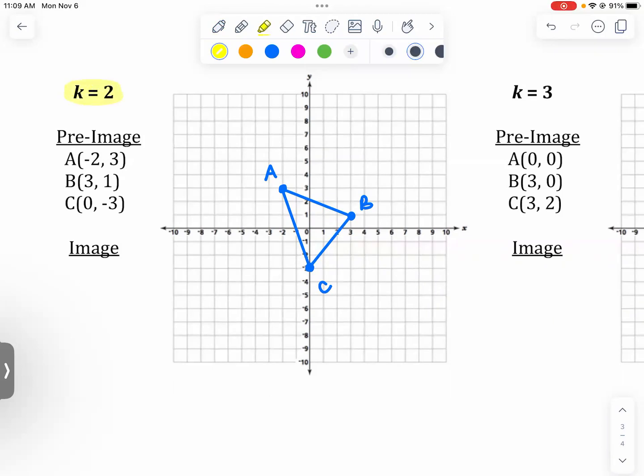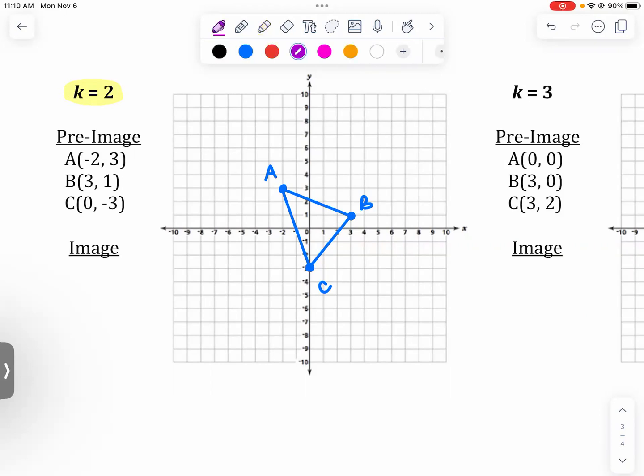If K equals 2, what's going to be true about our image when we plot it? Okay, timesing it by 2, what'd you say? Okay, so we have an enlargement, right? K is greater than 1, our shape is going to be bigger. Specifically, it's going to be twice the size.